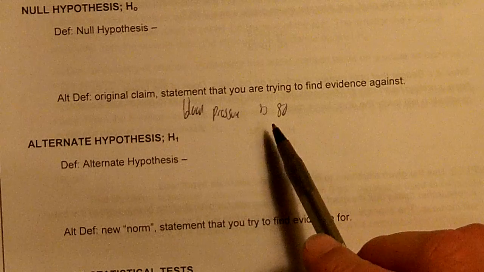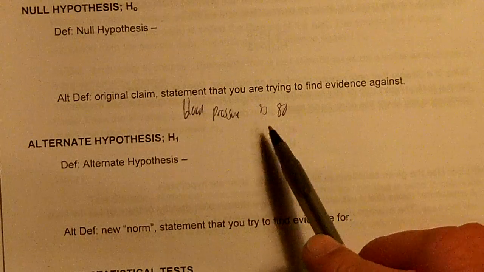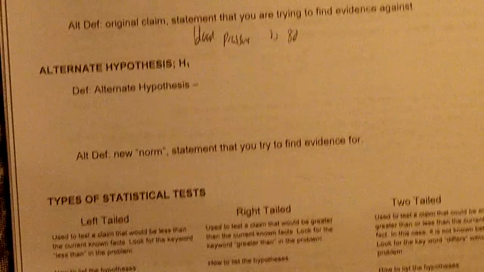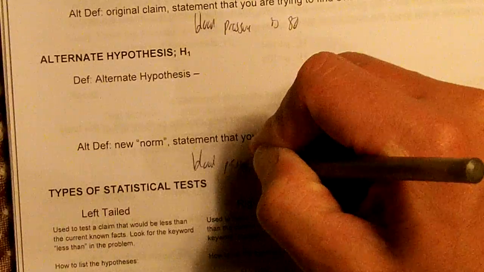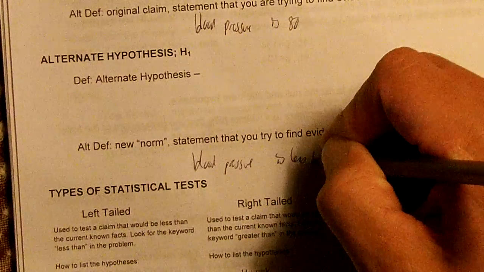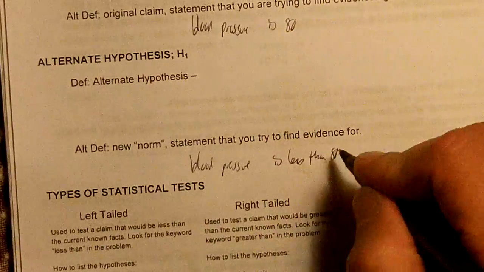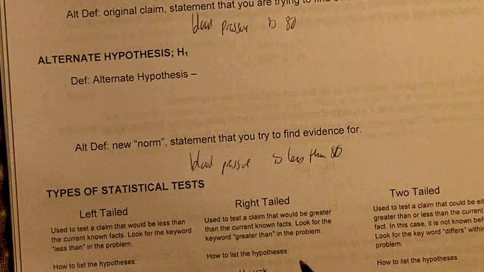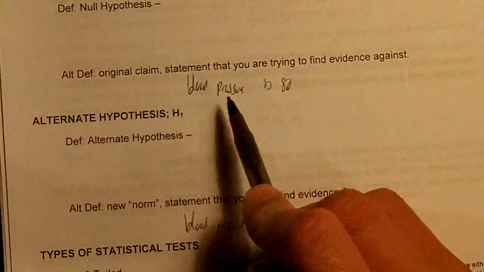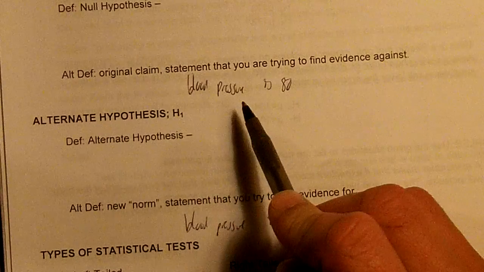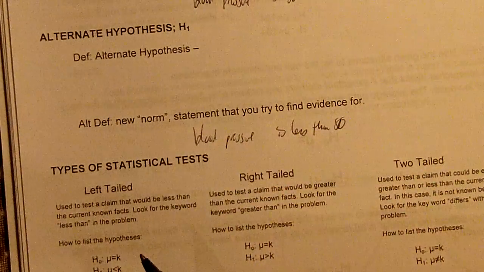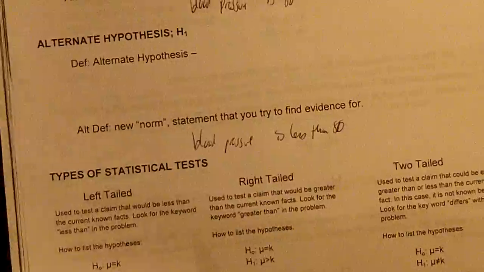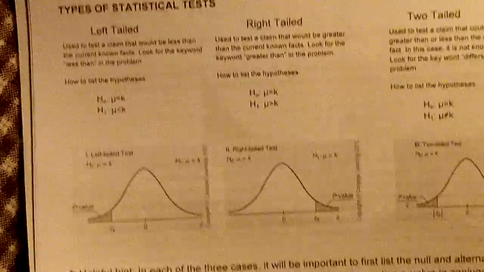But if certain research was done to prove this number either was higher, lower, or just something different, you'd accept some new norm to now say that blood pressure is less than 80. So we'll get more to the specifics, but that's the idea, that you'd have some original idea, present some sort of study and evidence, and then either accept the alternate or keep what was considered the norm. So all of this is dependent on the type of test that is presented to you.